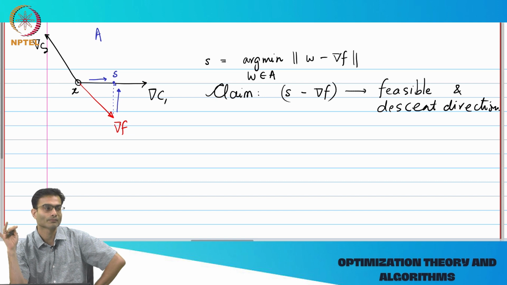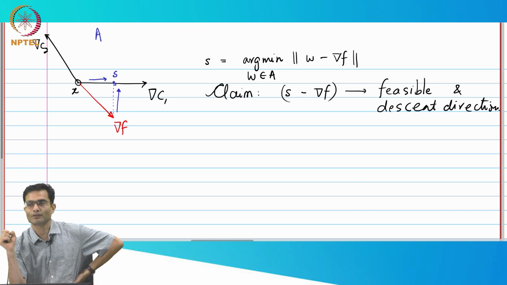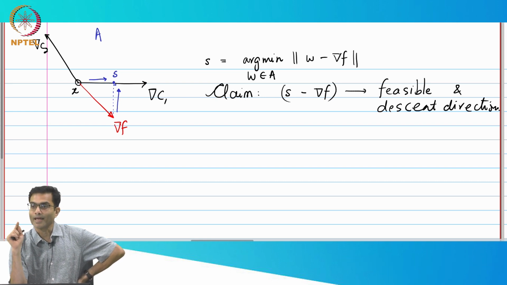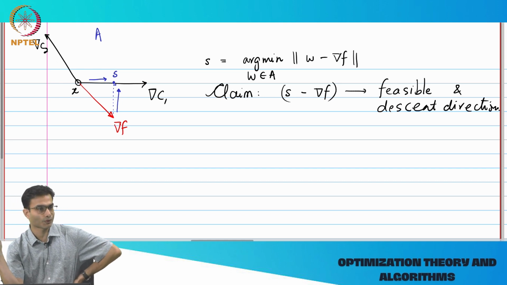Why? This is why paying attention to every line of the theorem pays off. What is the first line of the if condition of the theorem? X should be a local minima of the optimization problem. That is what I started with. Only then do the then implications follow.